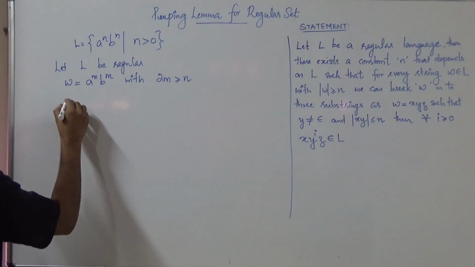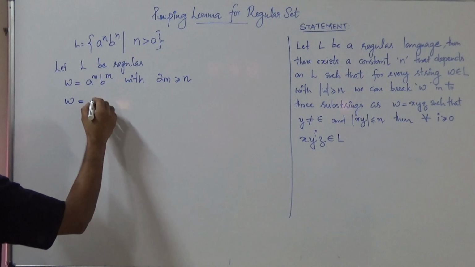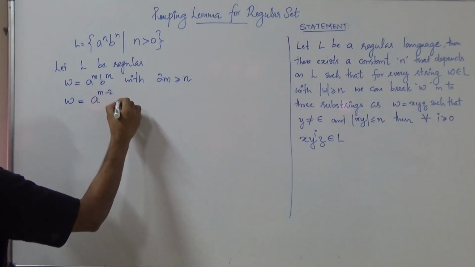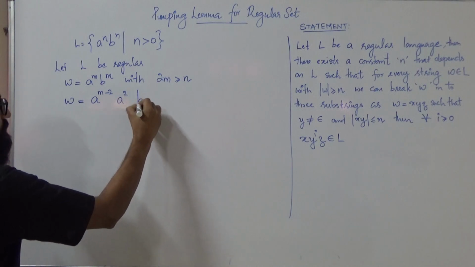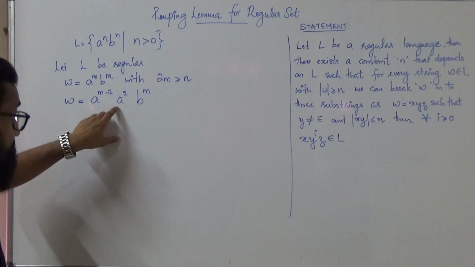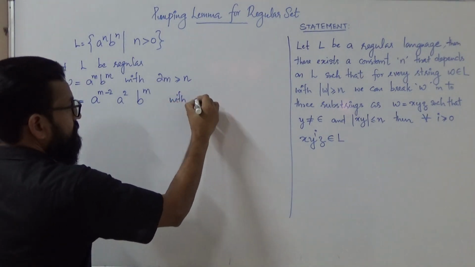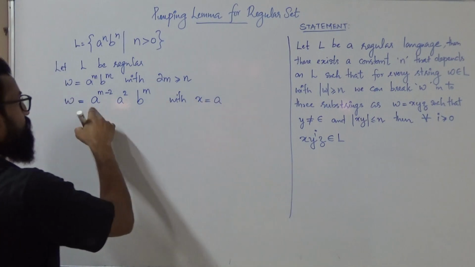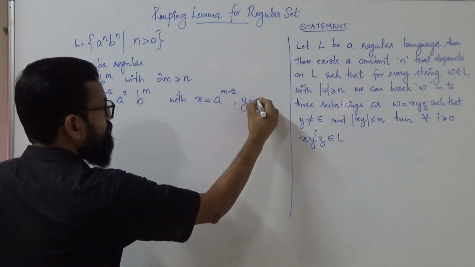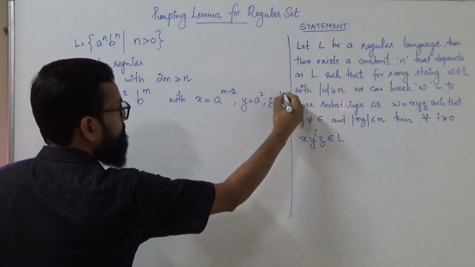Then we can break w into three substrings. Let the breakup be w equal to a raised to m minus 2, a square, b raised to m. Here x is equal to a raised to m minus 2, y equal to a square, and z equal to b raised to m.